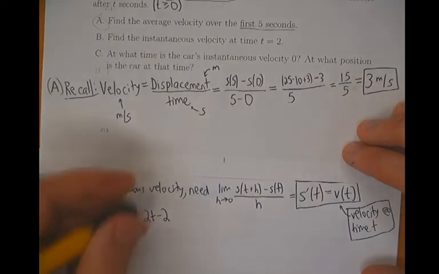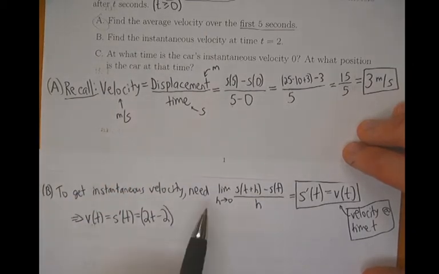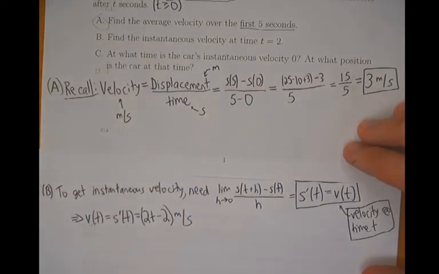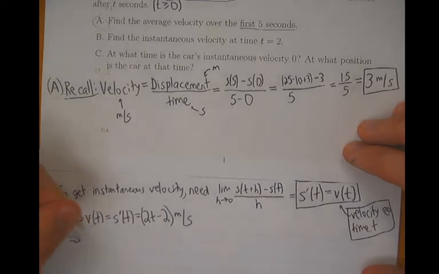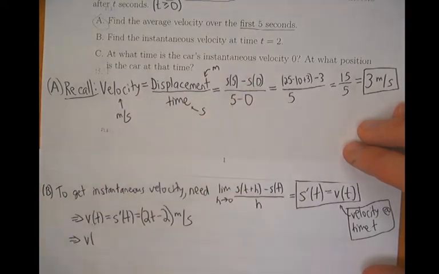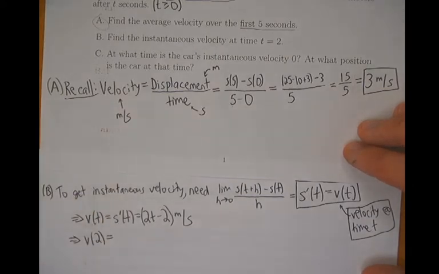Okay? And so the nice thing is that as with average velocity, instantaneous velocity also carries the same units as before, namely meters over seconds. Okay? So that means that if we're trying to find the instantaneous velocity at time t equals 2, well, all we have to do is just let t equal 2 to get v of 2, which is simply what?